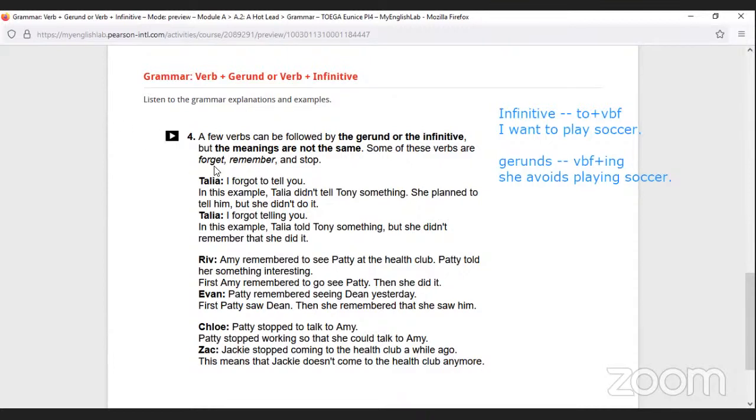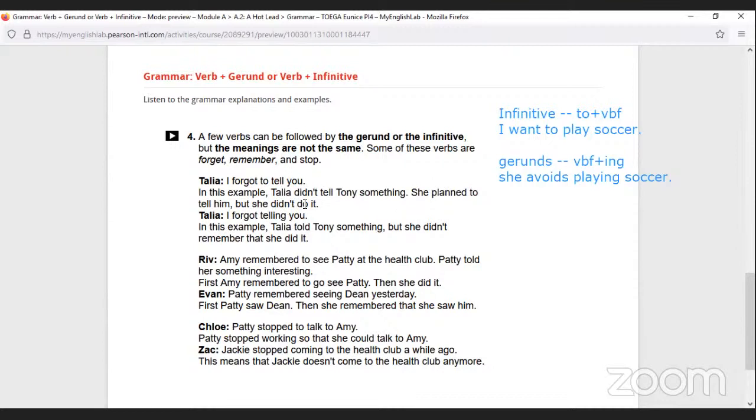For example, in this case, if I say, I forgot to tell you, forgot we could use with infinitive or we could use with gerund. What is the difference here? If I use with infinitive, it means that she planned to tell him, but she didn't do it.